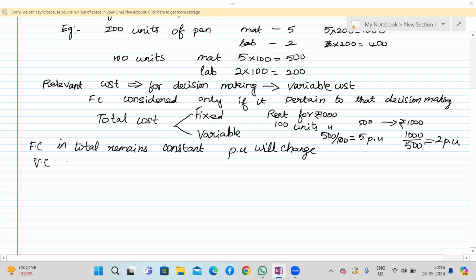Whereas variable cost in total will change, per unit is constant. Like how we are using material at 5 rupees per unit for 100 units in my above example, for 200 units also I'm using the same material at 5 rupees per unit.